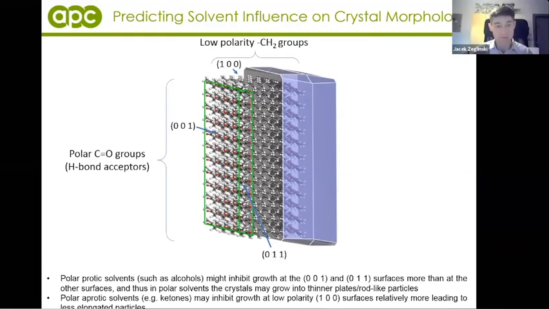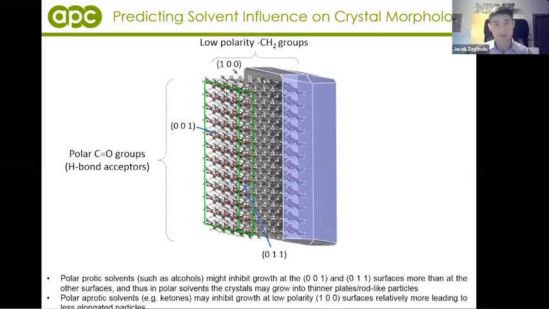For example, this particular particle features a high density of polar oxygen atoms, which are coming from carbonyl groups at the 001 surface. But then at the 100 surface, there are just low polarity CH2 groups.